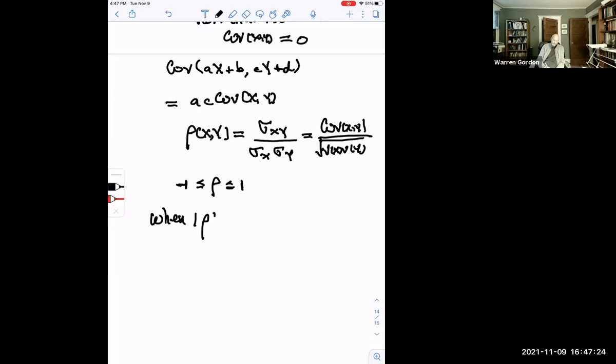In absolute value, when the correlation coefficient is close to 1, X and Y are linearly related.